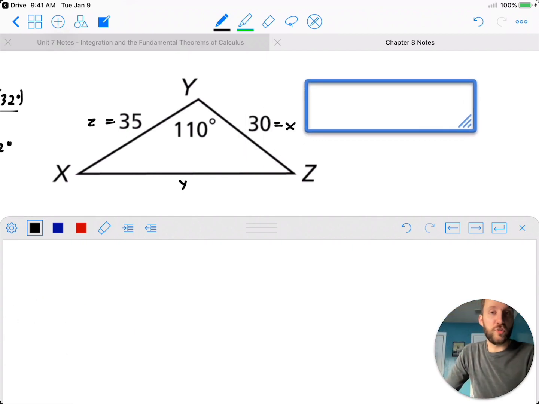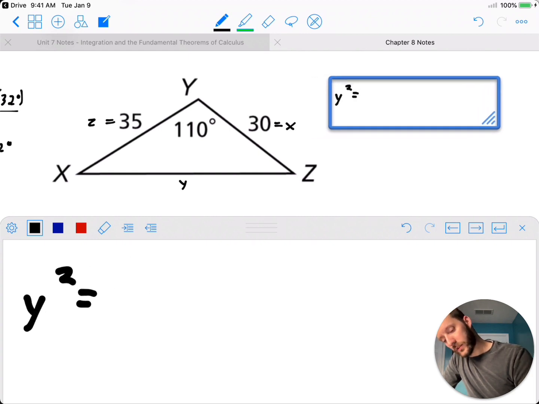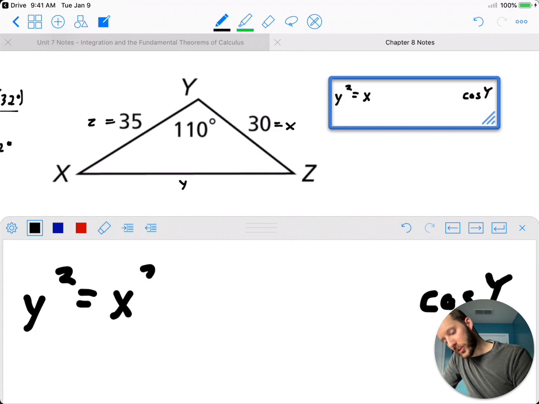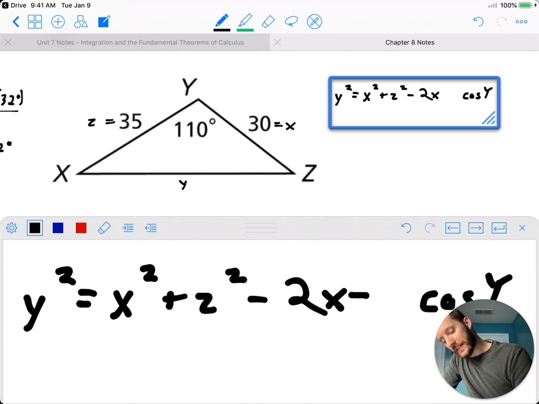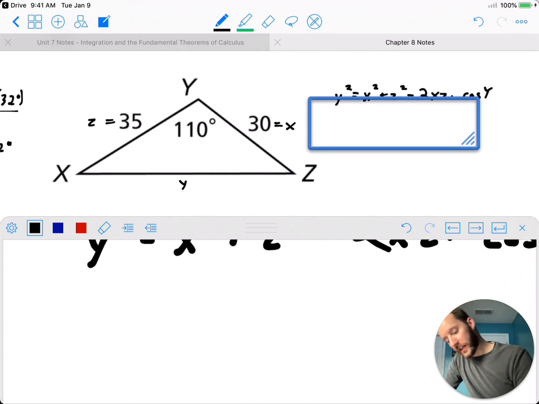So let's construct our equation. Y squared equals, then over here, cosine y, so there's your bookends, little y and big Y, and fill in the rest. So the middle, a Pythagorean theorem looking thing, minus 2xz times. So start plugging everything in.